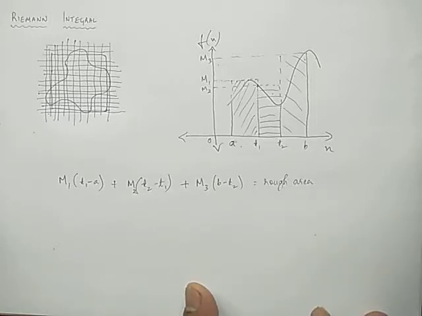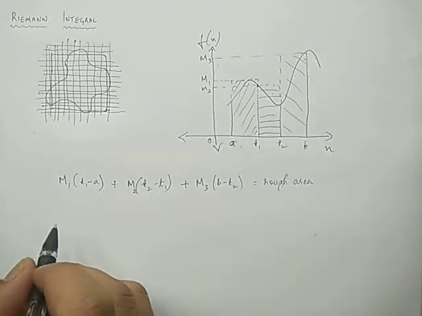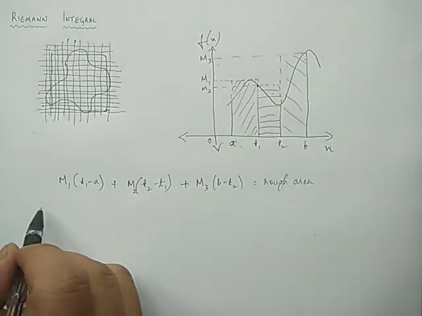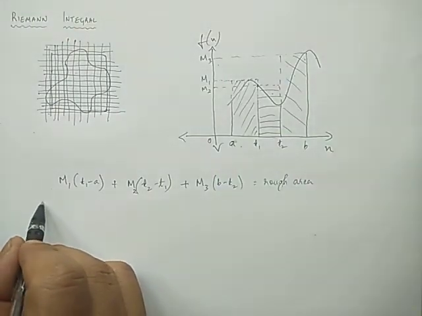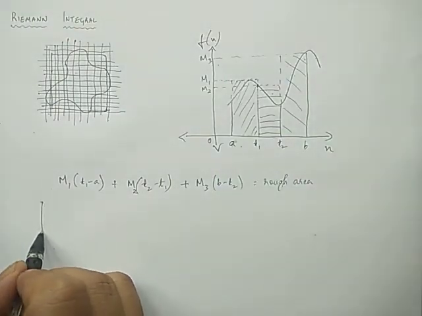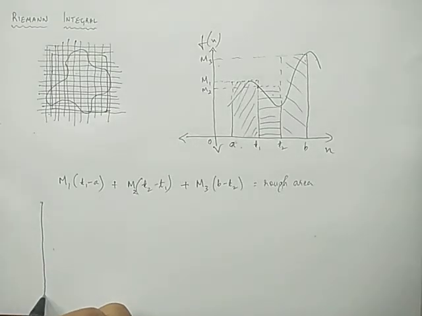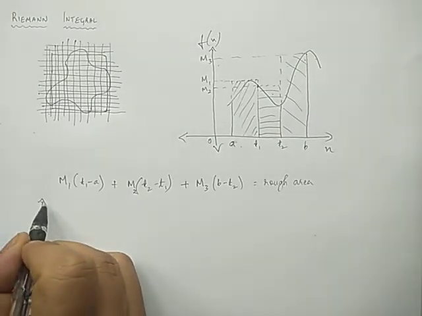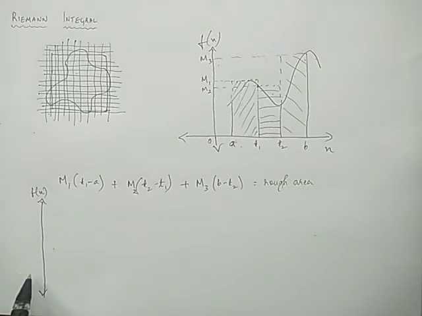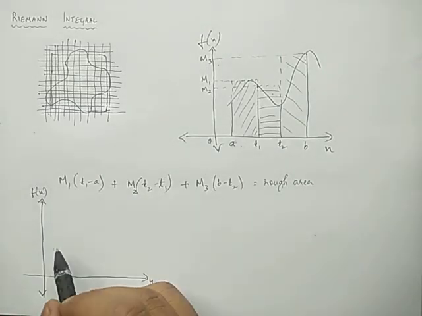So let's try to draw a small one here, similar to this one. I have this one. This is f of x. This is x.